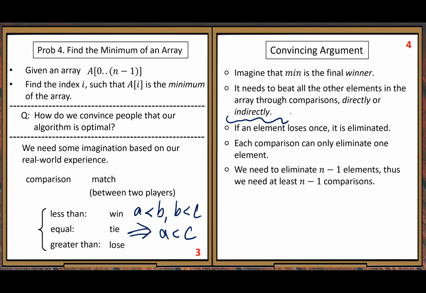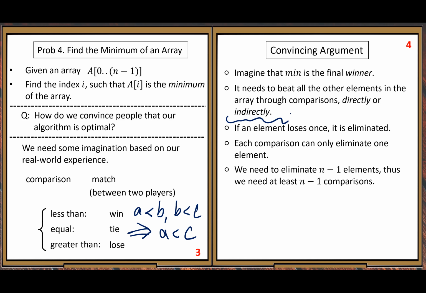That's possible. So that's why we say at least n-1 comparisons. The minimum number of comparisons you need is n-1, and nobody can beat that. Nobody can do better than n-1 comparisons.